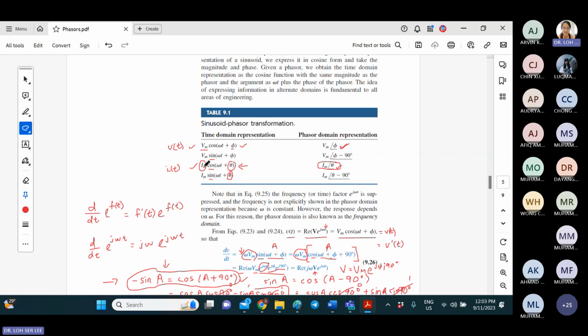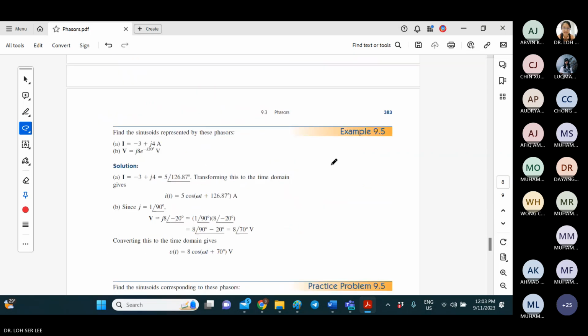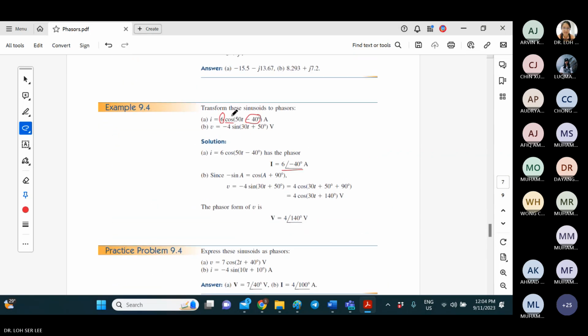The coefficient of cos and this theta. This is your Im. This is your phi. This is in ampere. Question A, okay?